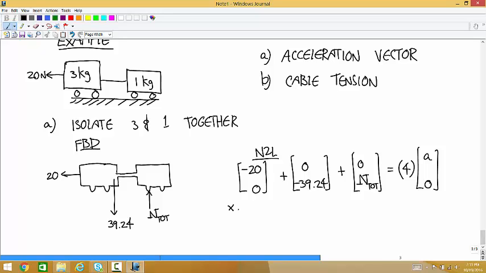And so the x equation says negative 20 is equal to 4a. So a is equal to negative 5.